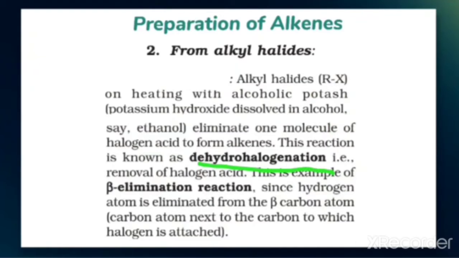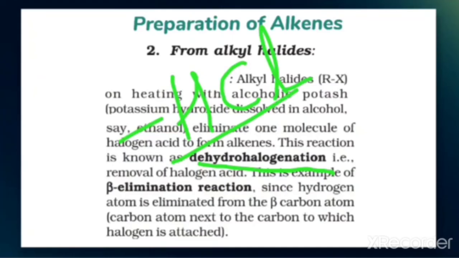dehydrohalogenation. Now why is it called dehydrohalogenation? Because here there is a removal, or we can say elimination, of hydrogen chloride, or hydrogen bromide. In general we can use the word halogen acid.